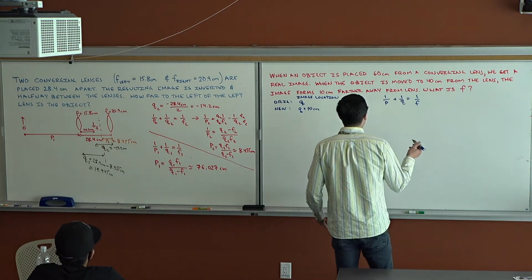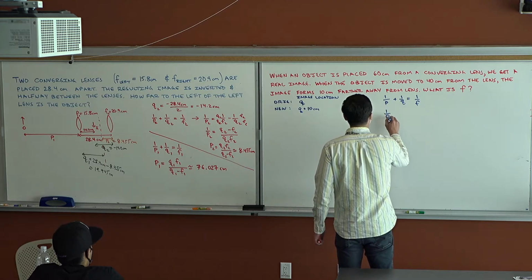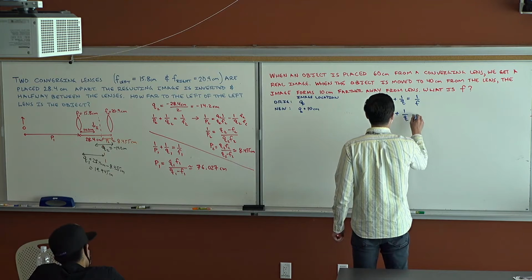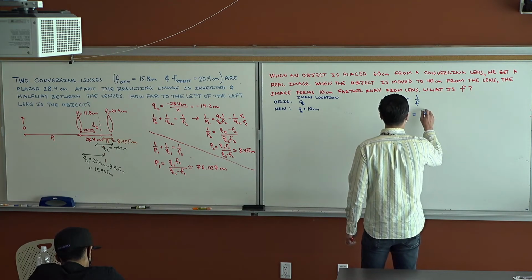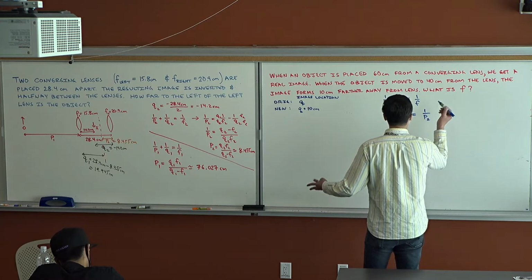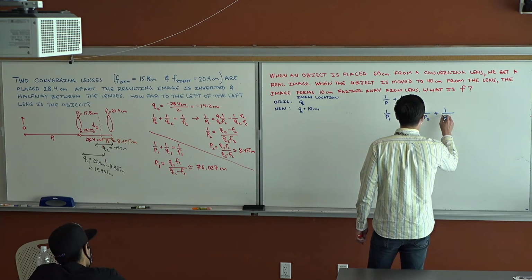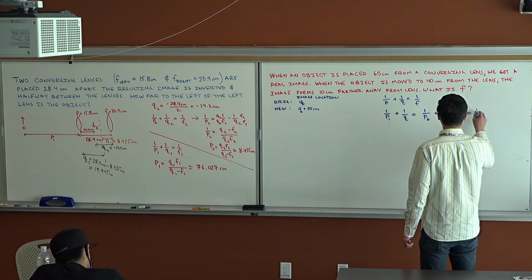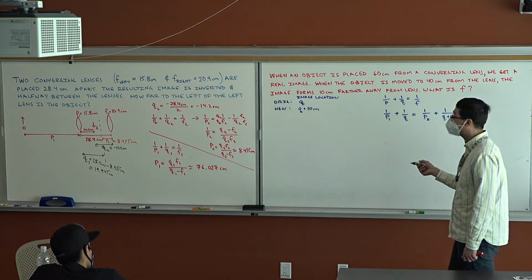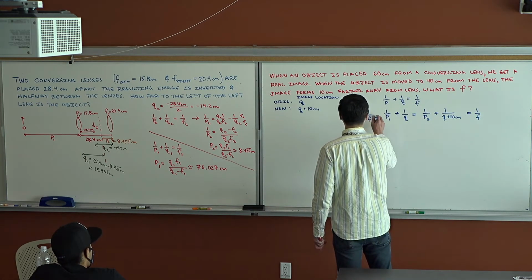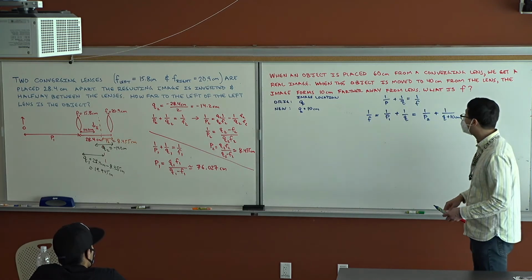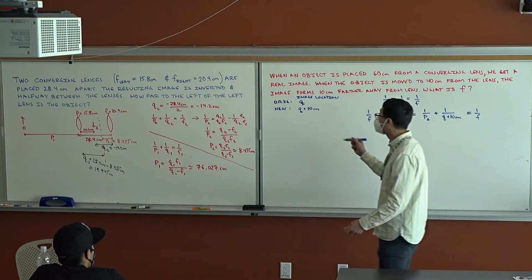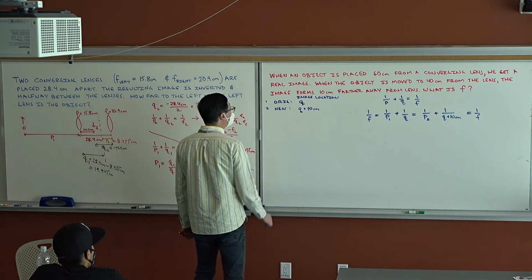And so I can say 1 over P1 plus 1 over Q needs to equal 1 over P2 plus 1 over Q plus 10 centimeters, because they both equal 1 over F. It's the same lens, and so this needs to be true for both cases.